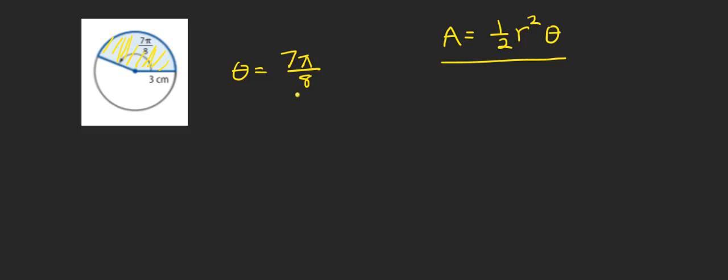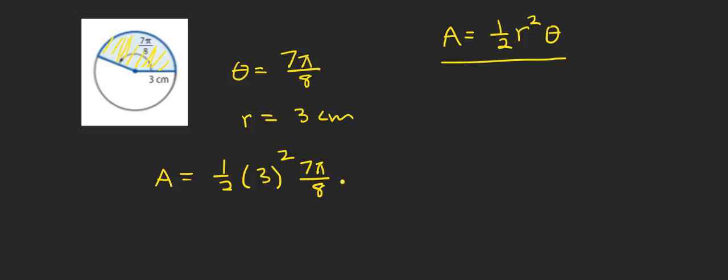So it's good. What about the radius? The radius is 3 centimeters. So the area is going to be 1 over 2 times radius squared times 7 pi over 8, which is 9 over 2 times 7 pi over 8.